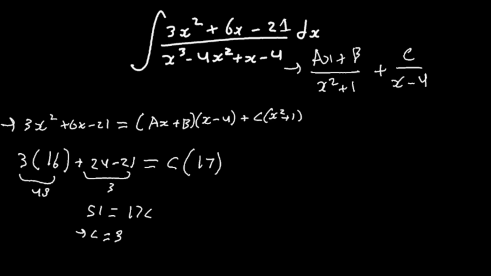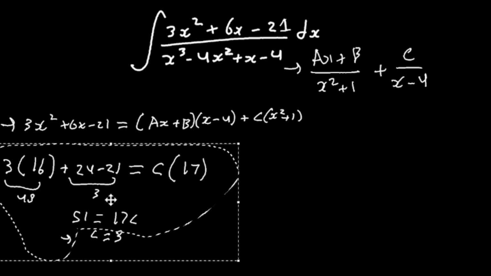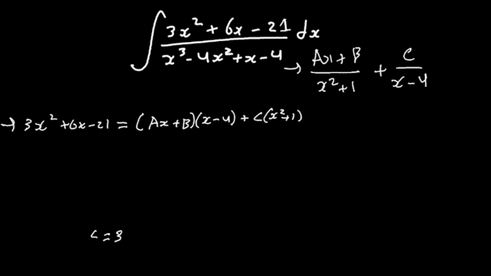All right, now we want to solve for a and b. So when you're solving for your coefficients for your term with the irreducible quadratic, so like your a and b in this example, you won't be able to find a 0 that will make the other stuff go to 0, if that makes sense.